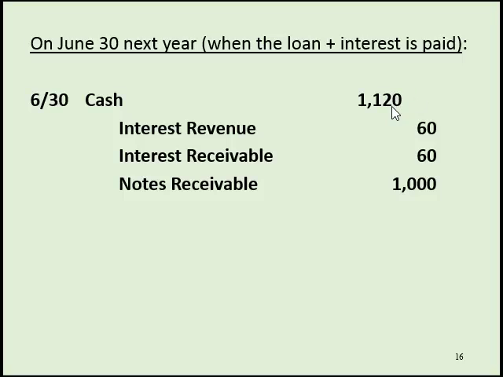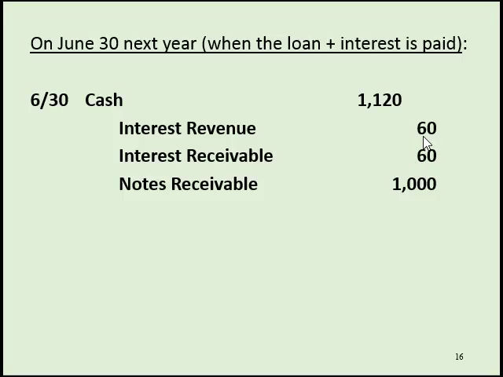worth of interest. Now remember, we had already recorded $60 of interest in the previous year when we prepared our accrued revenue adjusting entry. And so now we get to remove that receivable from the books because now that the company is paying us the full amount of interest, it no longer owes us the interest receivable.